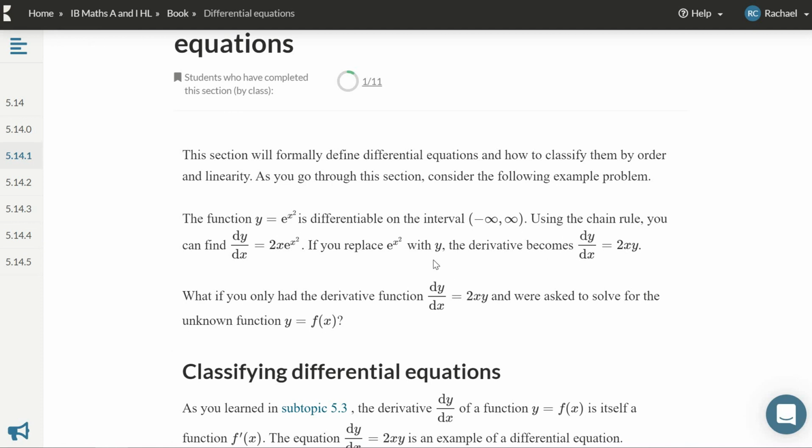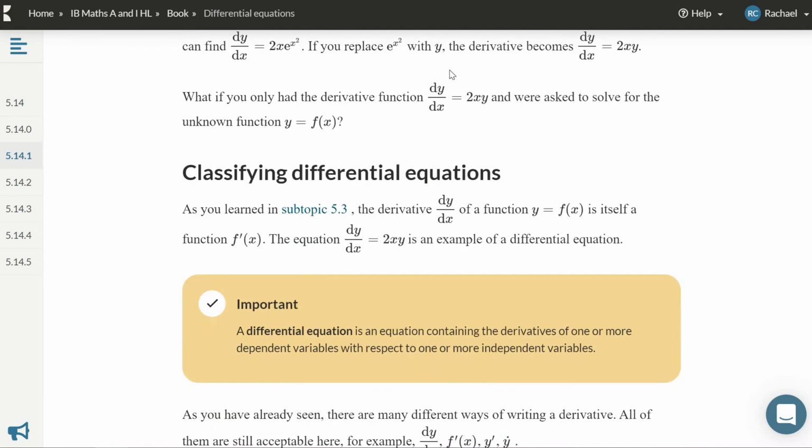So you would sub y back in for e to the x squared, and you get your function as dy dx equals 2x y. And that's usually how these problems will be displayed: you'll have both variables involved in the equation.